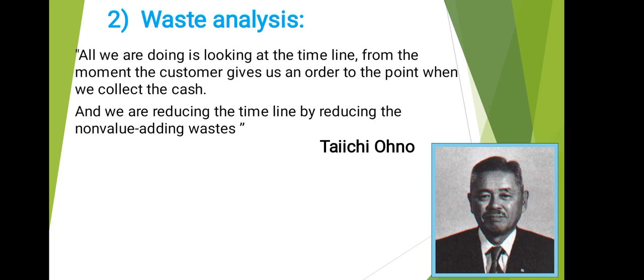This step, the waste analysis, doesn't have to deal with the customers. It has nothing to do with the customer. For example, there is overproduction, where the product is not made or prepared or available to the customer on time. Inefficient operations and lack of availability in the inventory all come under the umbrella of waste analysis.